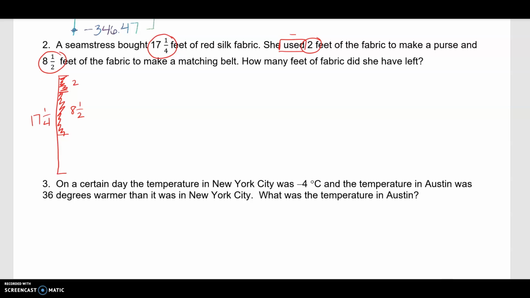How many feet does she have left? Left tells you we're going to do a specific operation. Left means we have to subtract, right? We're taking how much she had and taking away what she used to find the remaining piece. Go ahead and hit pause and solve that problem.